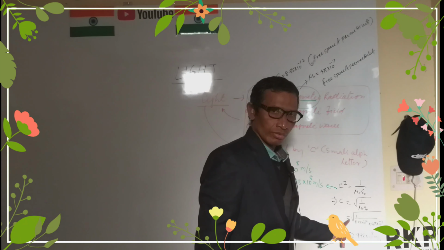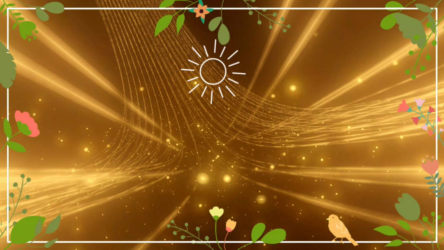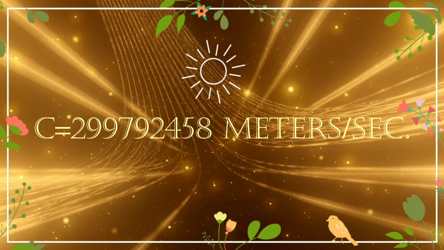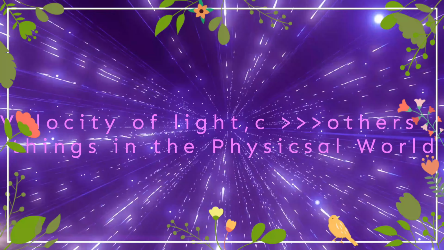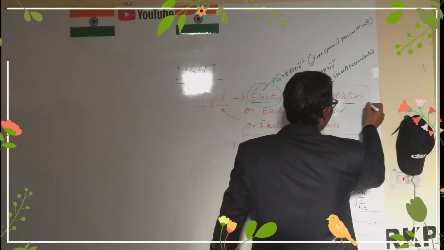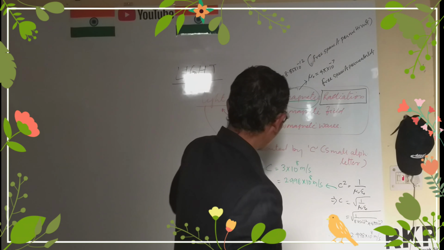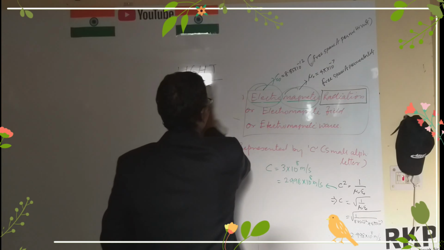We are not going to calculate it now; this is just an introduction. In future I will prove this. This is the speed of light, and it comes from electromagnetic radiation. What is radiation?